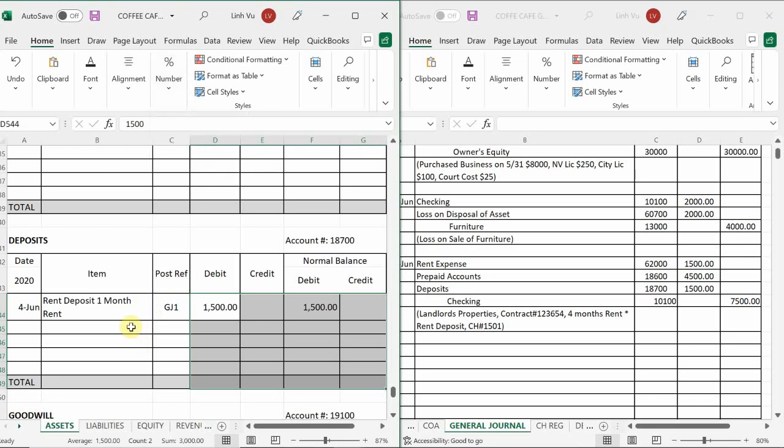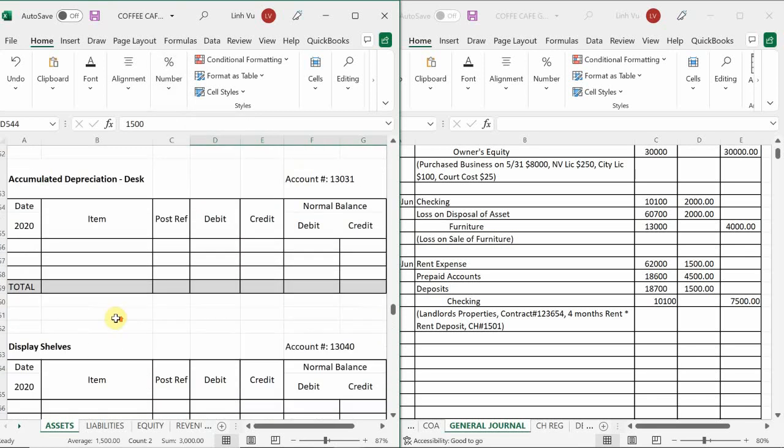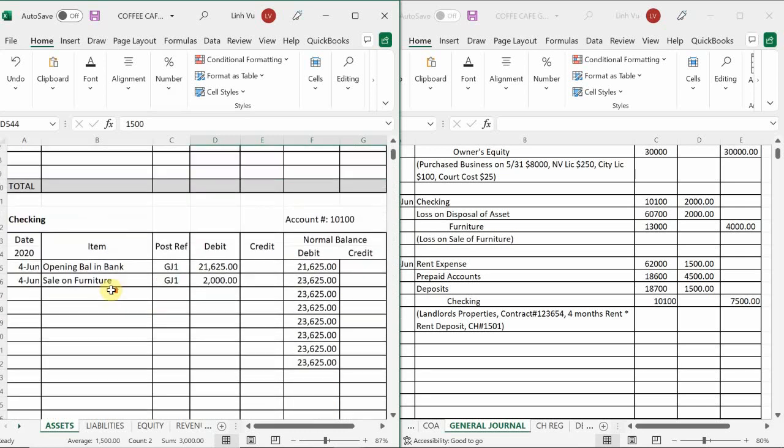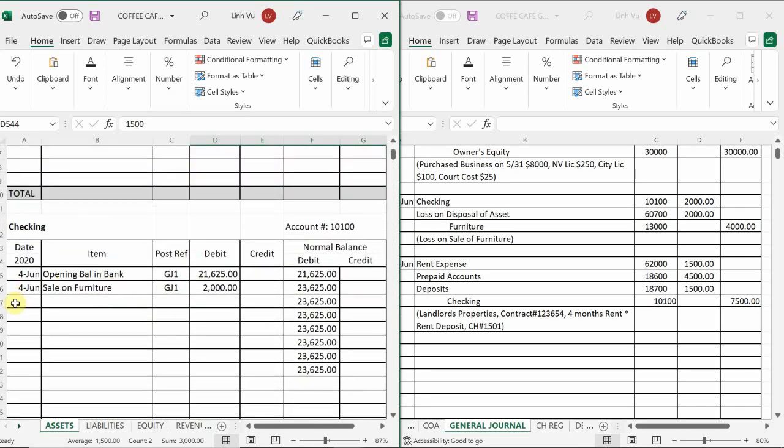Okay. Last account we need to look at is going to be our checking account because we end up spending money. So this is why it's so important that you keep a good track record of your checking ledger, because this is how you're seeing where the money goes and where the money comes in, right?